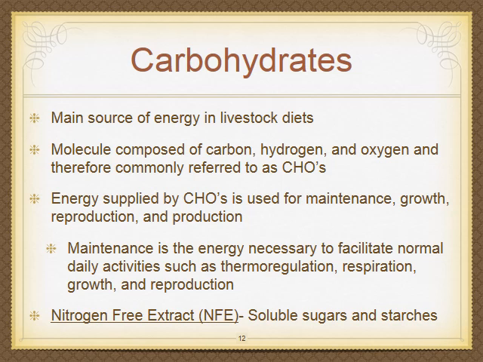Carbohydrates. Carbohydrates are the main source of energy in livestock diets. They're molecules that are composed of carbon, hydrogen, and oxygen, and therefore commonly referred to as CHOs. So energy supplied by carbohydrates is used for maintenance, growth, reproduction, and production.